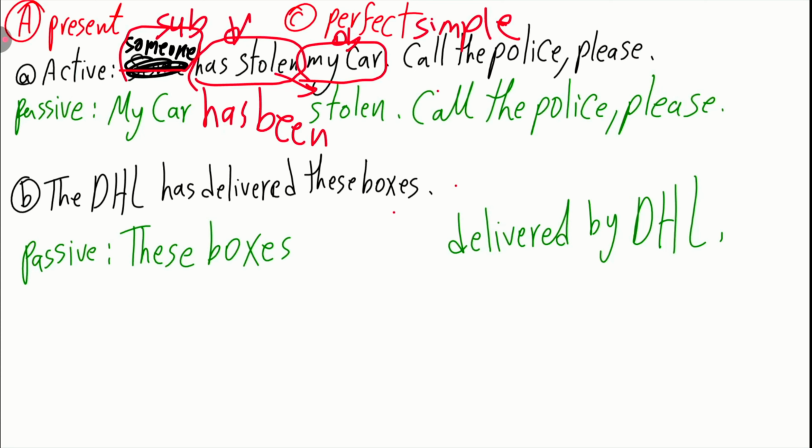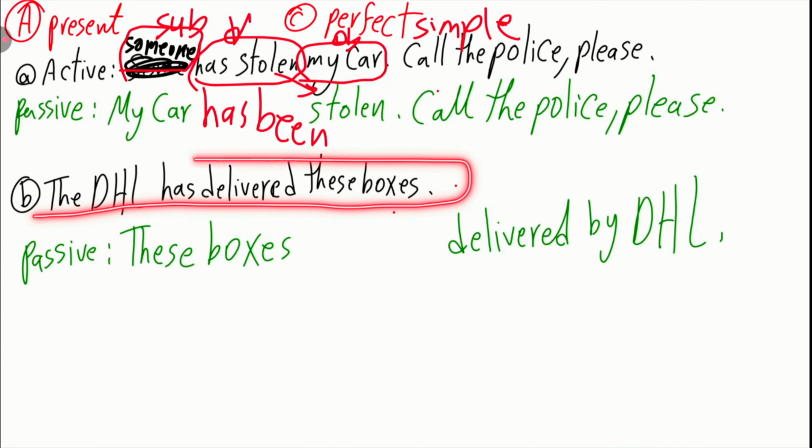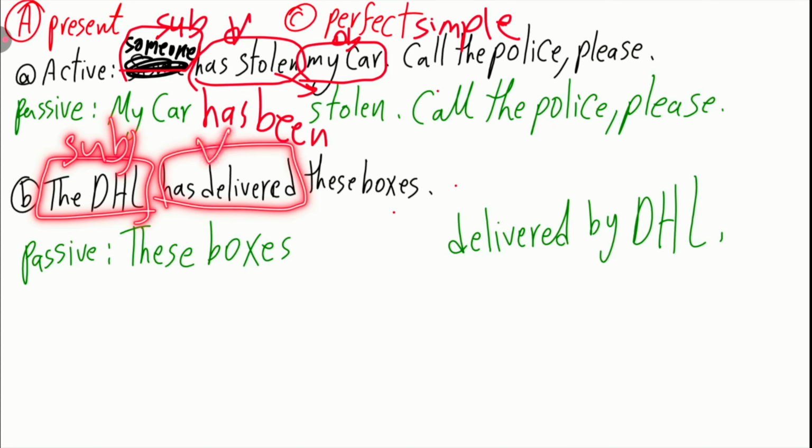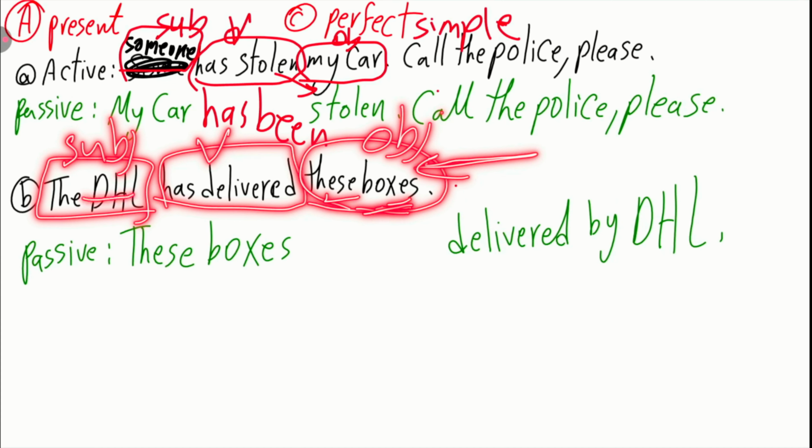The second example, the DHL has delivered the box. Here, the DHL, my friends, is the subject. Has delivered is the verb, and these boxes are the object. Again, my friends, look here in this sentence, we used has because we depended on the subject, which is the DHL, meaning it.